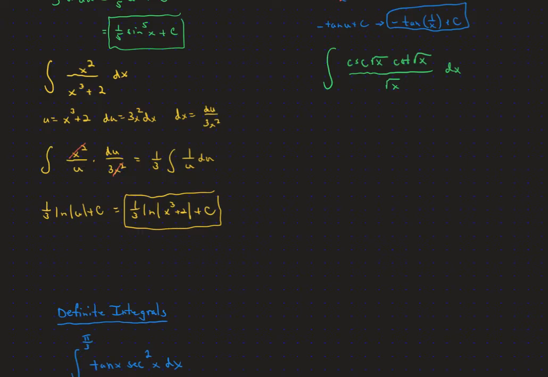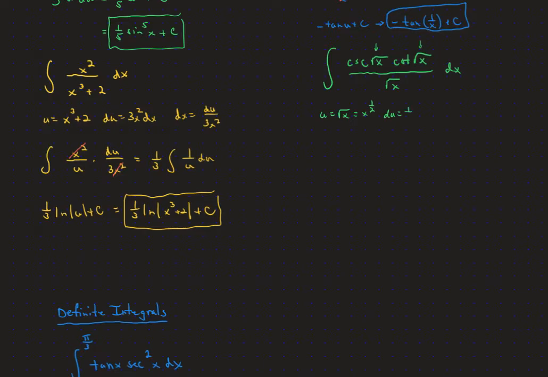Now the green one is a little interesting. It can be challenging the first time or two you see it. The inside function, we see that these square roots are inside the cosecant and the cotangent. And so we actually want to call u square root of x, which we can think of for derivative purposes as x to the 1/2.